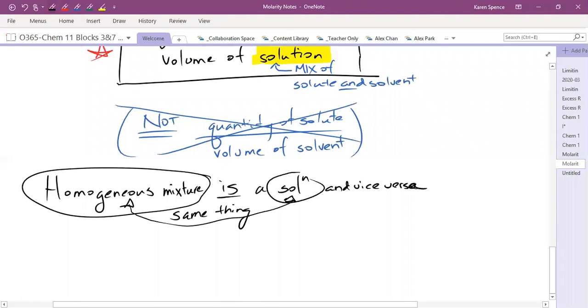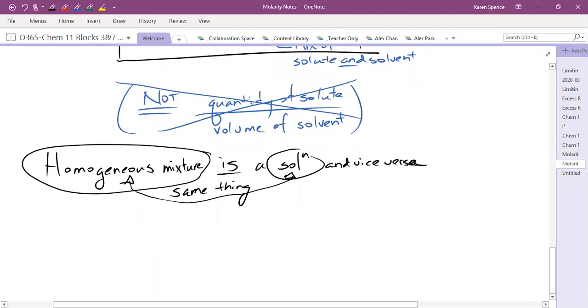Okay, let us now take a look at the star of the day, and that is molar concentration, or as it's also known, the molarity.